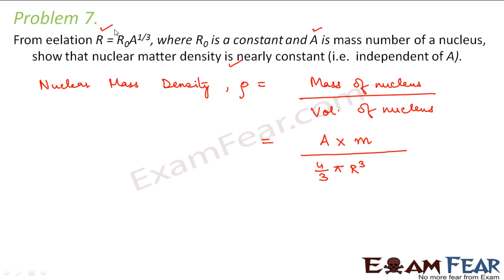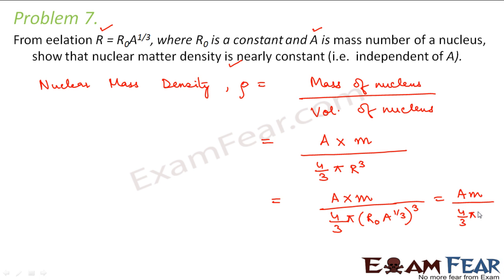Now from this relation we know that r is equal to r naught A to the power 1 by 3. So we can put that value instead of r. So we will write it as r naught A to the power 1 by 3 whole cube. So this becomes A m divided by 4 by 3 pi r naught cube into A. So this A and A will get cancelled.